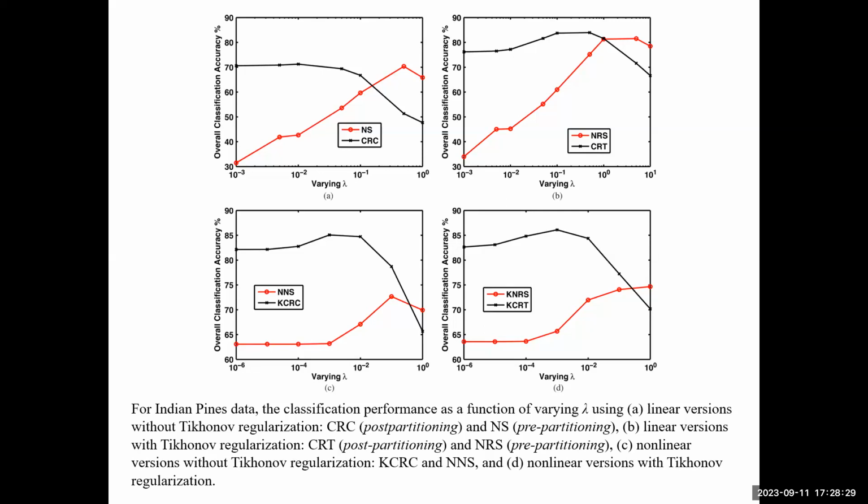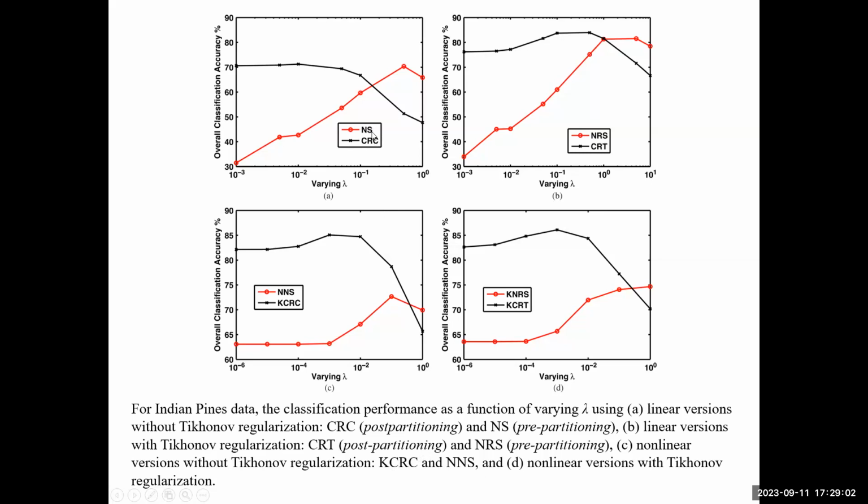Or, as I mentioned, we can put everything together for representation, then partition, post-partition, and find each class-specific residual. So we call it pre-partitioning and post-partitioning. We can also improve the performance by using the kernel version, which means the original version is linear, but we can extend it to a nonlinear version. So this is just some analysis.